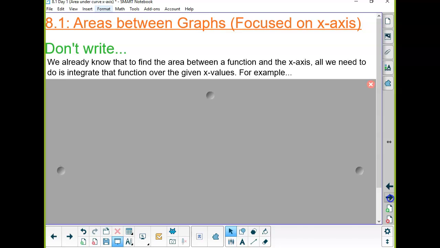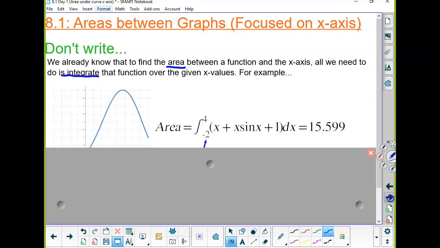We know that to find the area, and that's the key part, right? To find the area between a function and the x-axis, all we need to do is to integrate that function over the given x interval, right? So let's look at this visually.